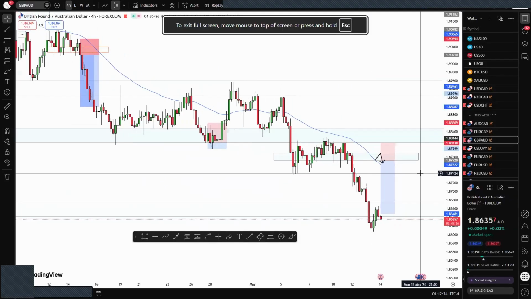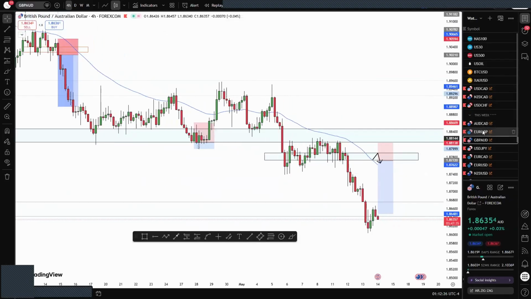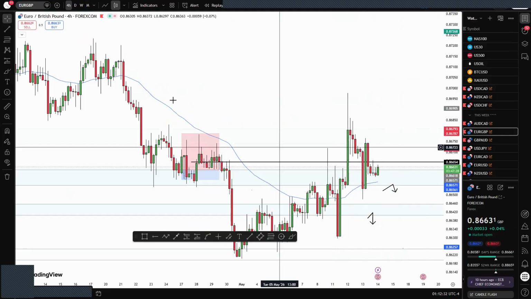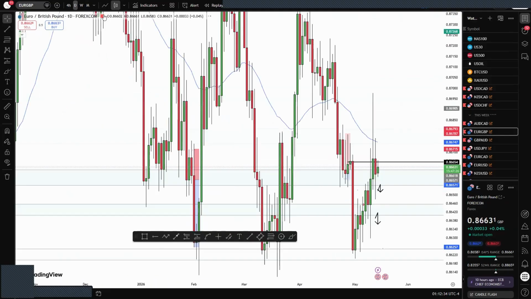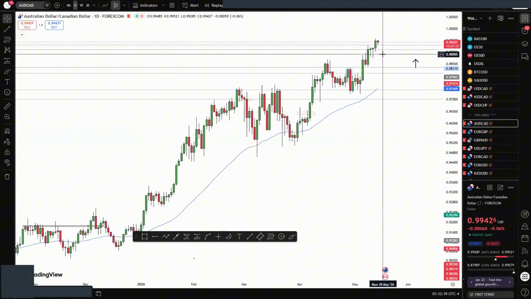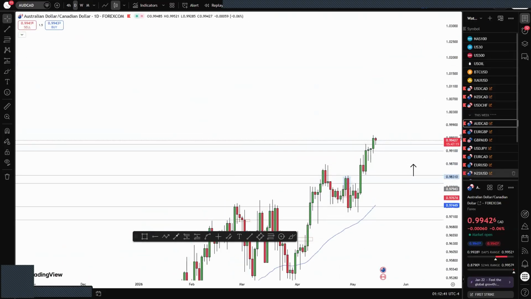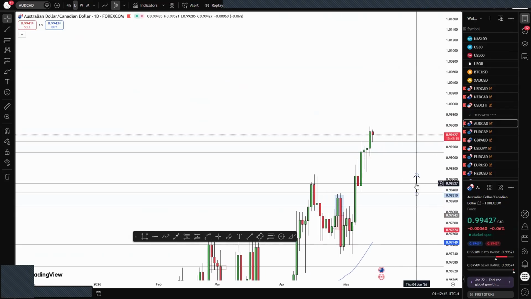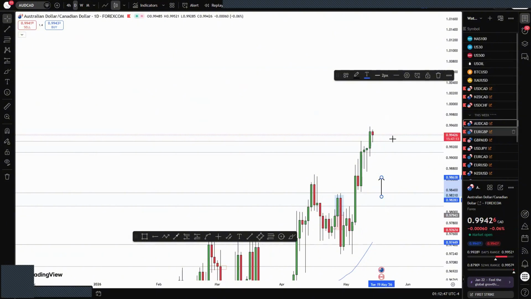The other one we didn't take as well was GBP Euro, because the daily closed bullish by breaking above here. And AUD CAD, we had the break, but price didn't retest this level. And so for now, this trade is also gone.